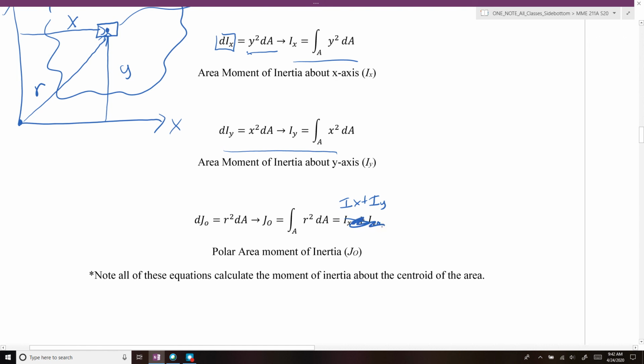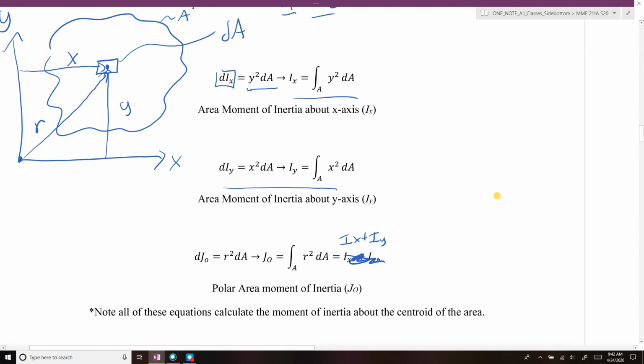So those are the integral formulas to determine the moment of inertia about the x, y, and z axes.